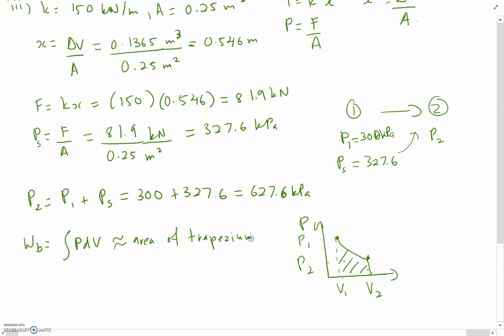Okay, so the equation of the trapezium is equal to P1 plus P2 over 2 times V2 minus V1.